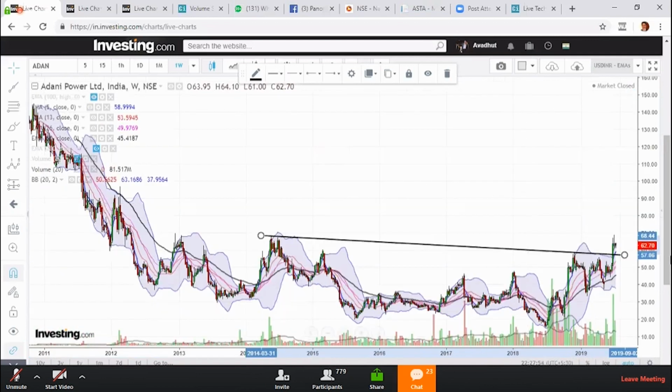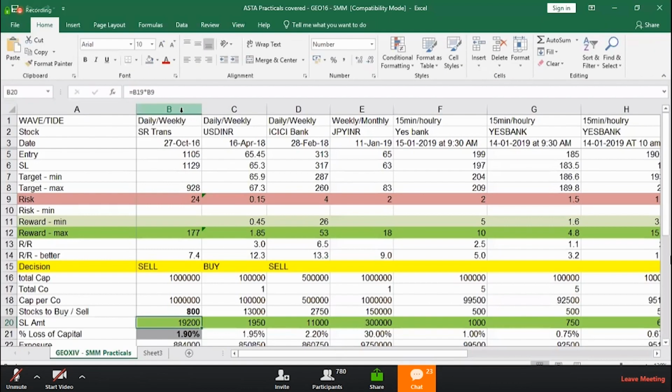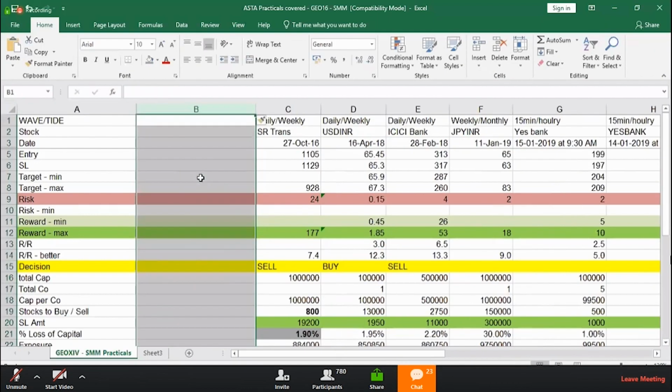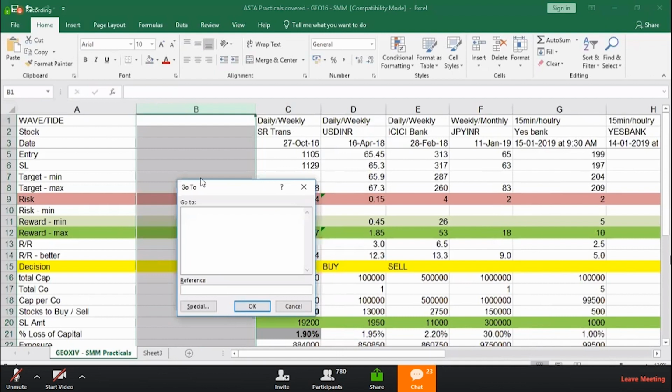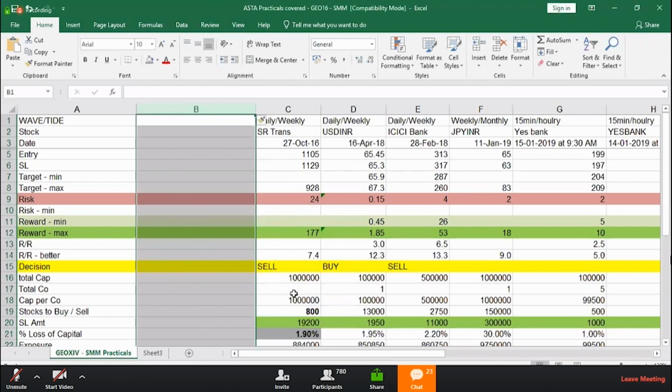So let me show you. You guys must have done the SMM seminar and you must have used all these sheets. This reminds me, I don't want to forget, we have developed a better sheet for risk management, which I am going to cover. Let me take this opportunity to announce a few things before I forget.